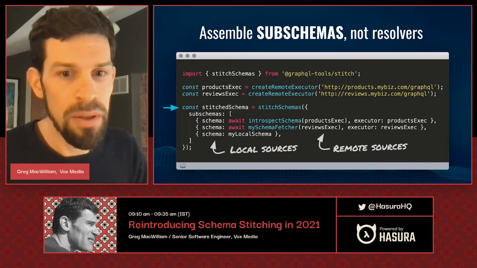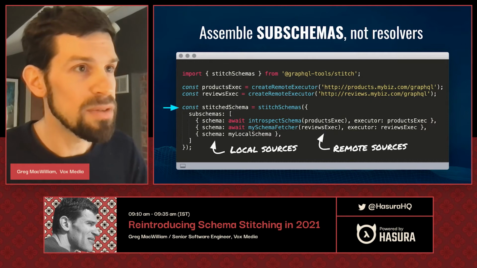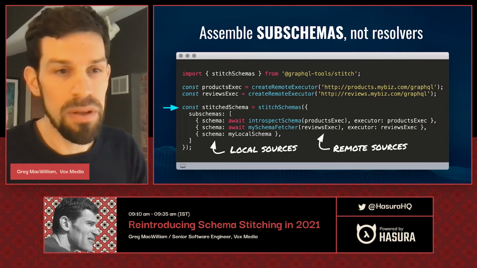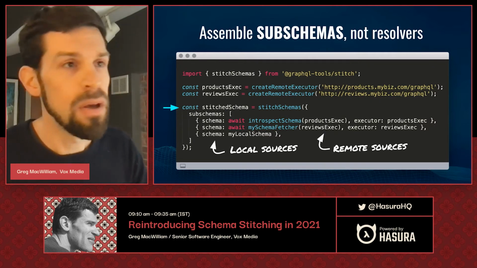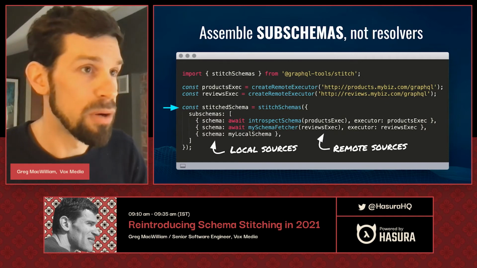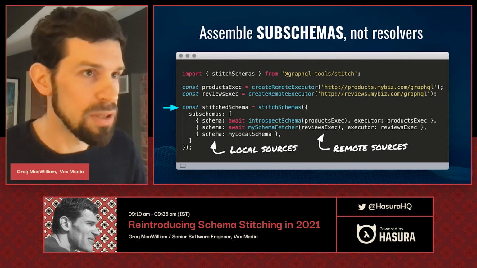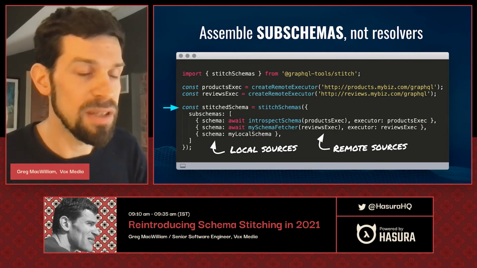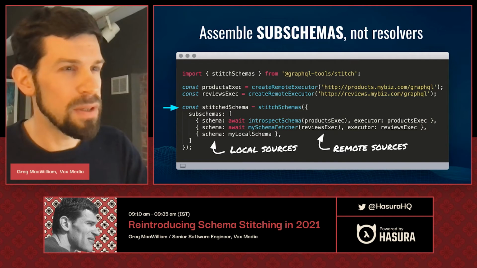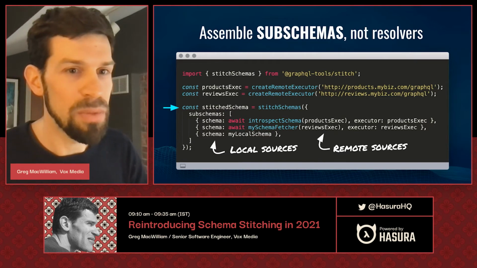We can collect local schemas that we've built inside of the gateway server itself. We can collect remote schemas through our own protocols, through introspection. Doesn't matter how we get them. And we just declare those as being in a stitched schema. And this is sort of the entire code footprint that we're putting up at the top.